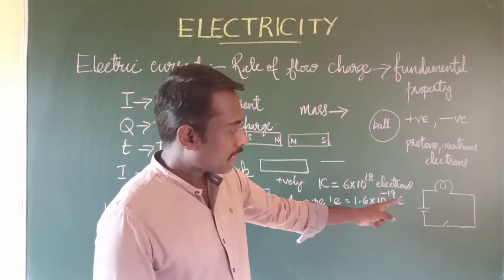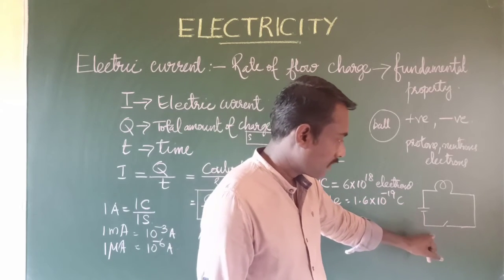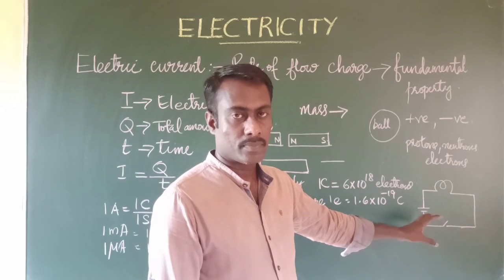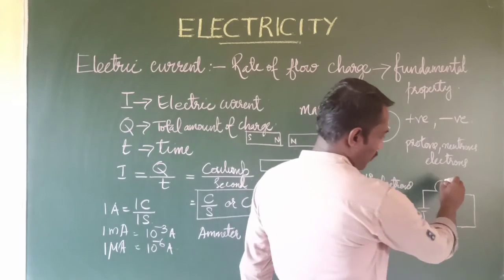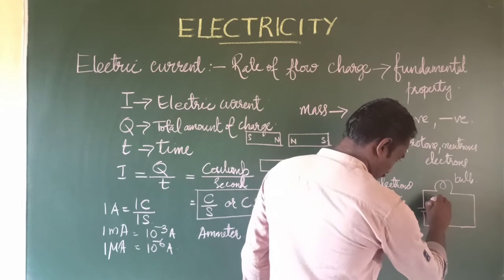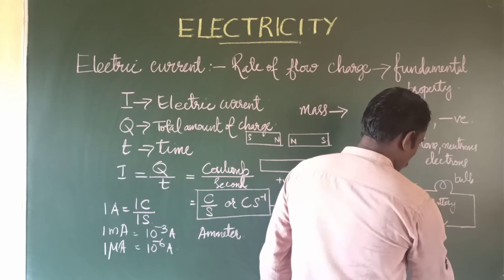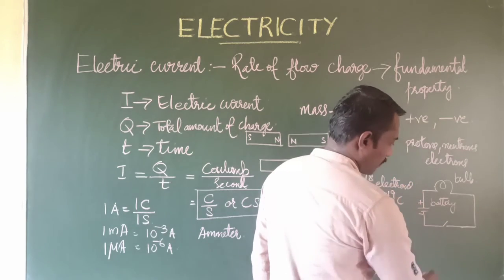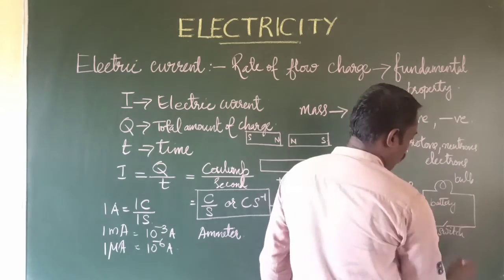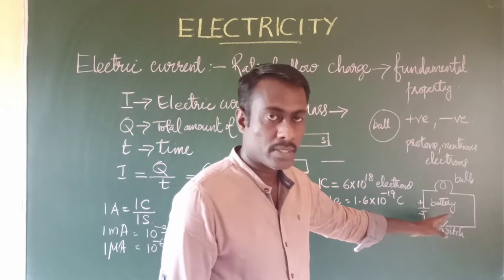A circuit diagram is a closed continuous path consisting of symbols of the various components present in the circuit. Here this symbol represents the bulb, and this symbol represents the battery, with positive terminal and negative terminal, and this is the symbol of a switch or key. So this is a representation of a simple circuit diagram.